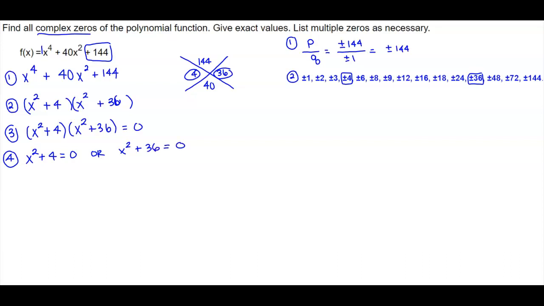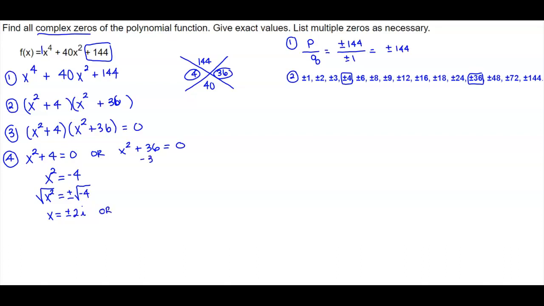So we're going to subtract 4 from both sides, so we get x squared, which is equal to negative 4. If we take the square root of both sides, that gives us plus or minus the square root of negative 4. So therefore, x is going to equal plus or minus 2i.